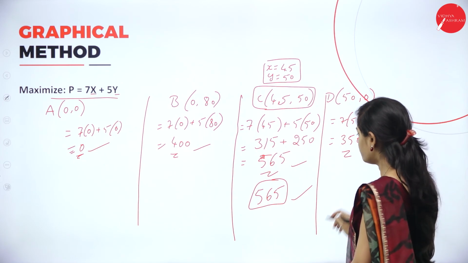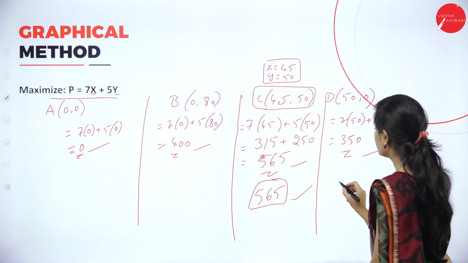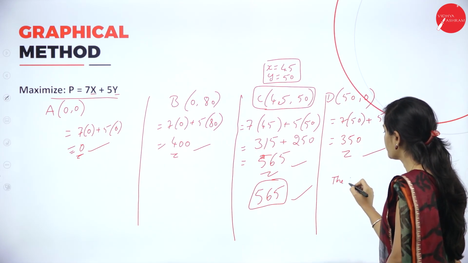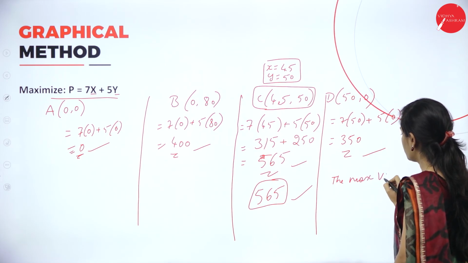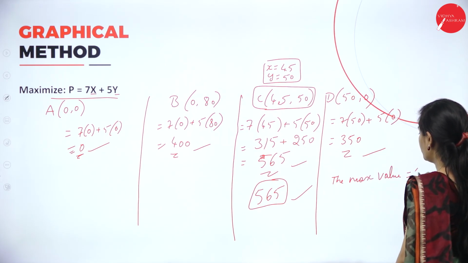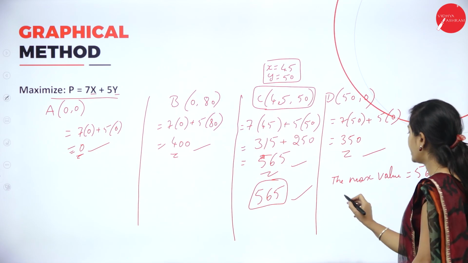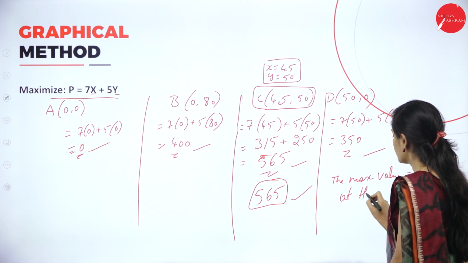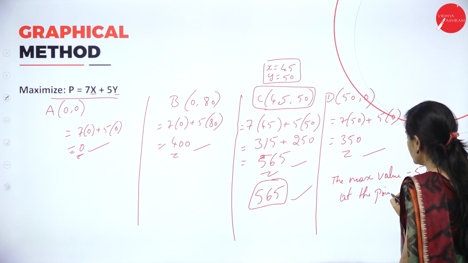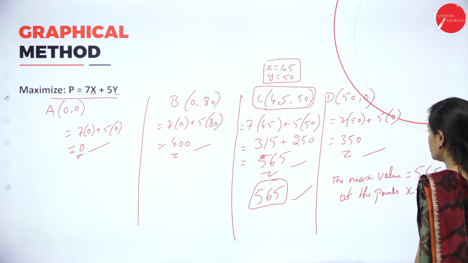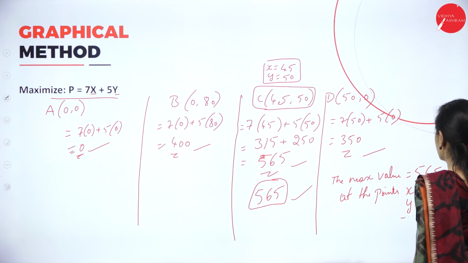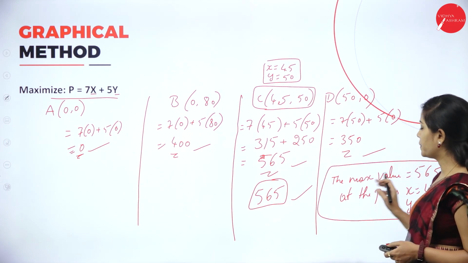So finally, you need to write the maximum value is equal to 565 at the point x is equal to 45 and y is equal to 50. So this is called the optimum value.